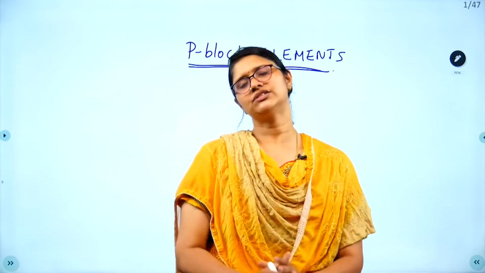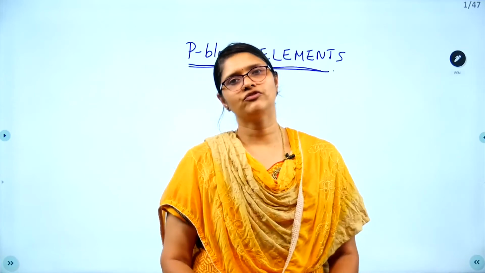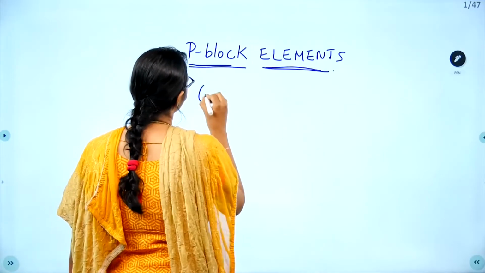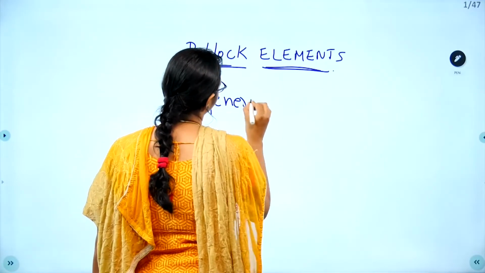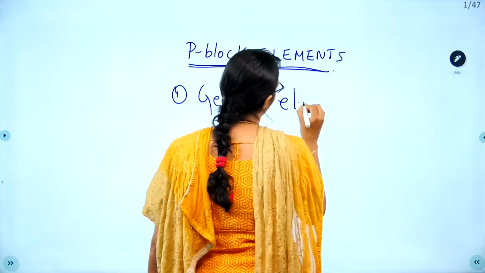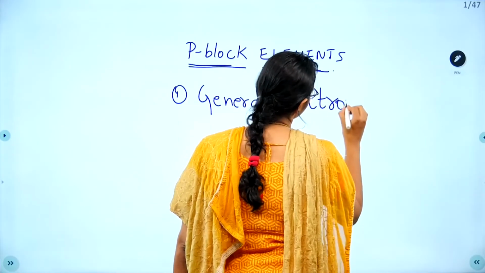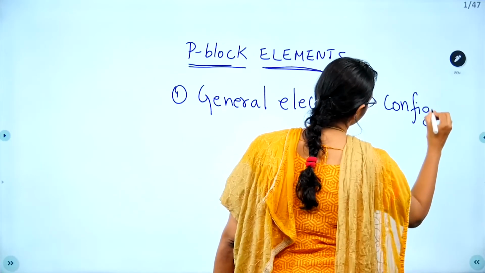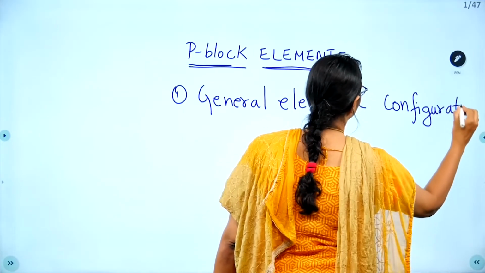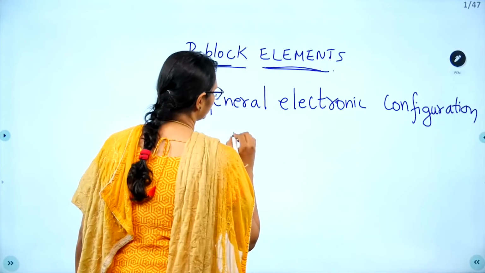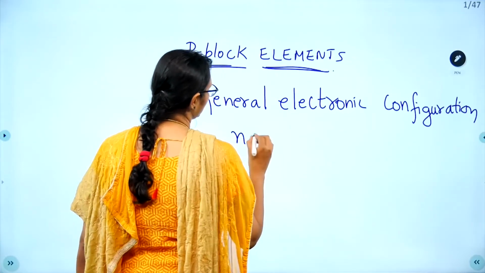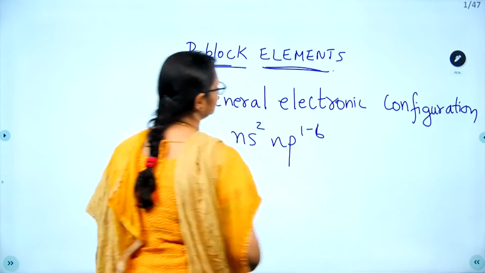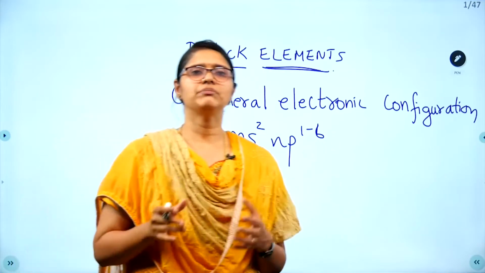Now let us see the general properties of p block elements. First, the general electronic configuration. The general electronic configuration is ns2 np1 to 6.